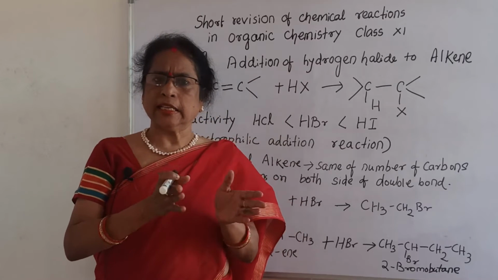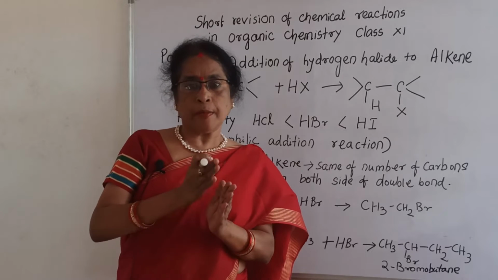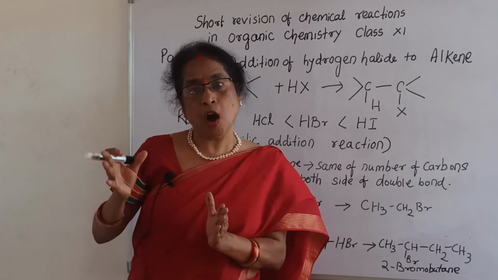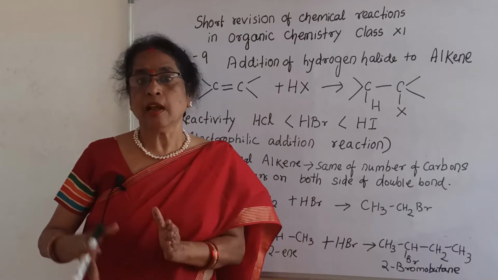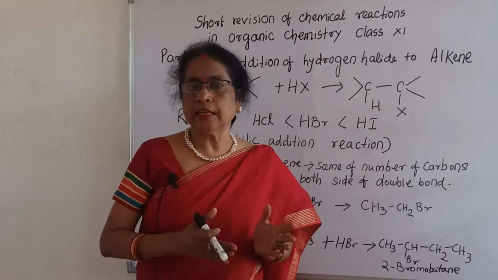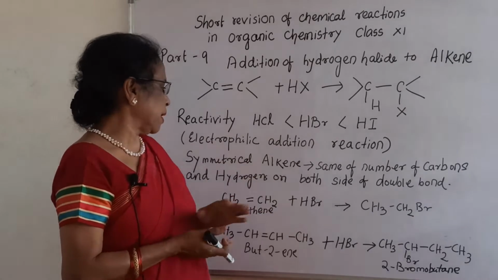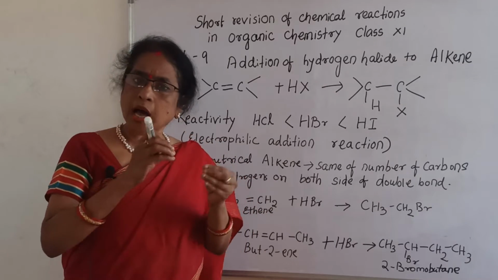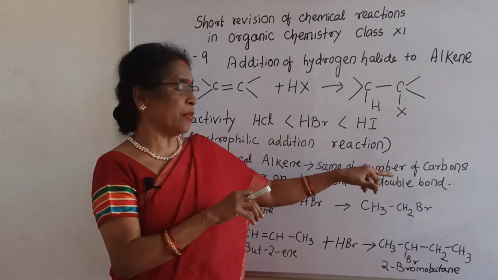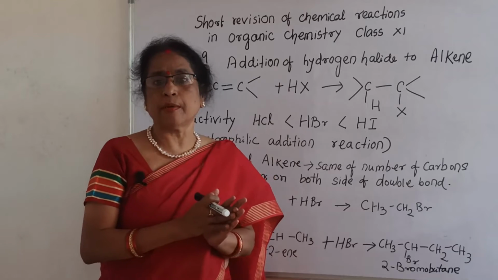I told you alkenes contain a double bond. If you look before the double bond and after the double bond, how many carbons are there and how many hydrogens are there, from that you can decide whether it is symmetrical or unsymmetrical. First we will see what is meant by symmetrical alkene. Alkene contains a double bond, and there are the same number of carbons and hydrogens on both sides of the double bond.